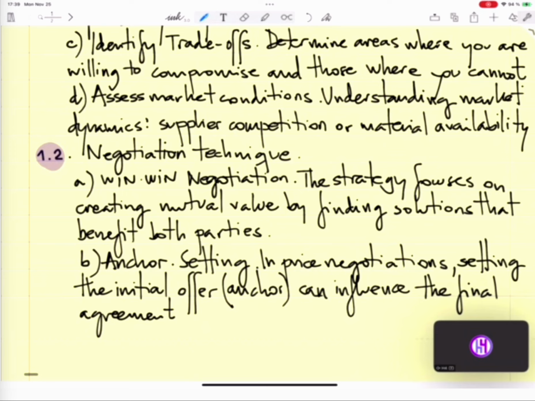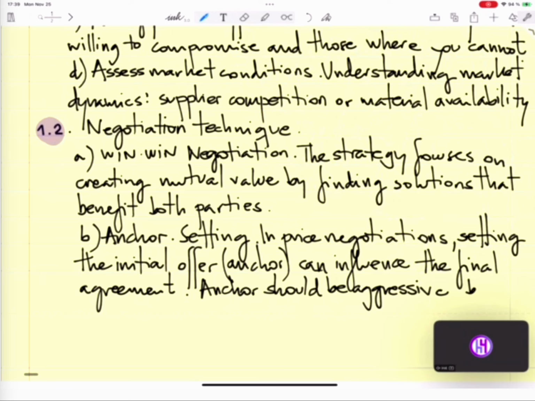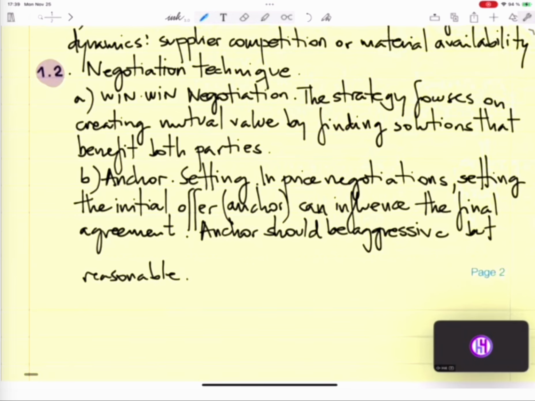The anchor should be aggressive but reasonable. If you set a very low anchor, the other party might just walk away without talking to you.